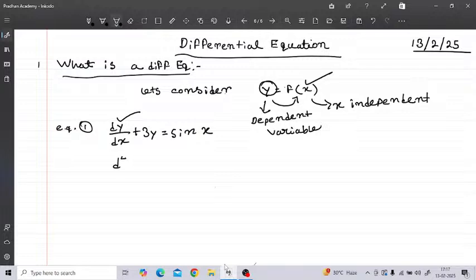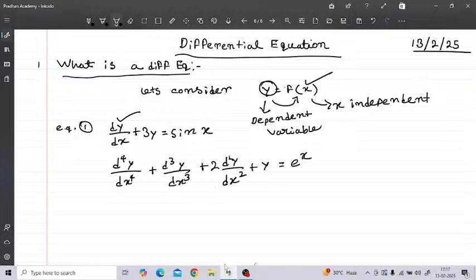Similarly, here is a fourth order derivative plus 2 d2/dx2 of y equals to e to the power x. This is also a differential equation.